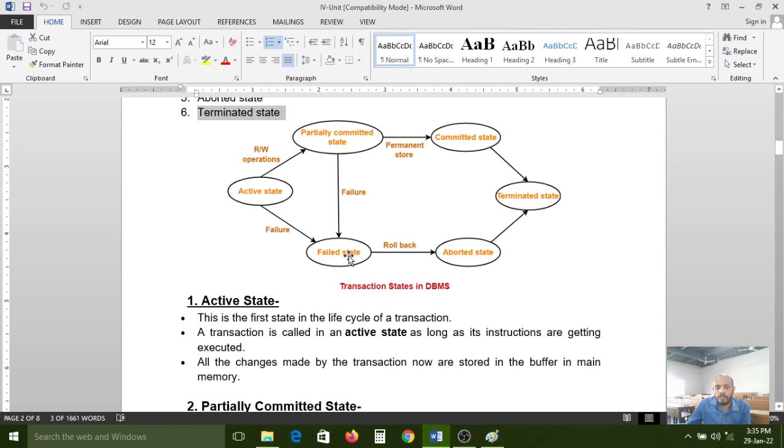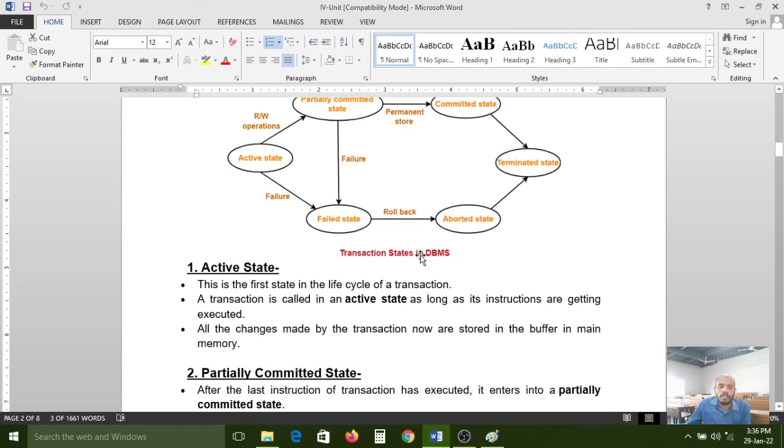If the transaction fails because of any power failure, hardware failure or wrong password entered, then automatically the transaction fails. After that, the application will also terminate. That is the failed state. After that, all the values will roll back to the normal position, and the state will be aborted.